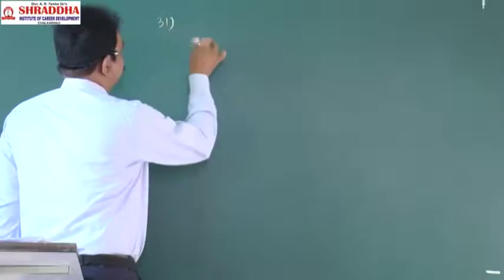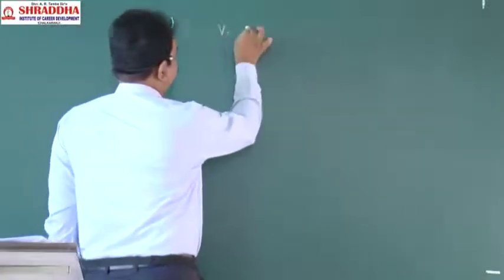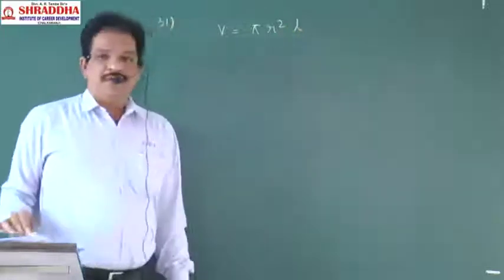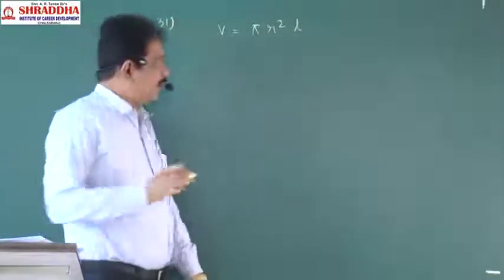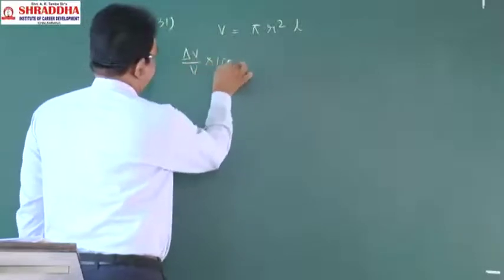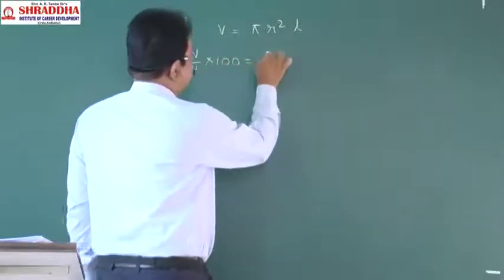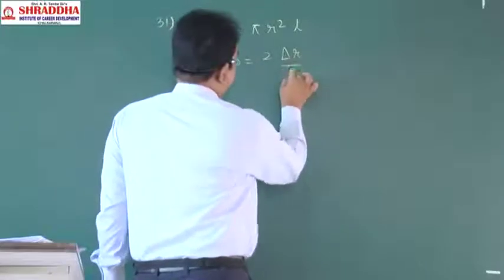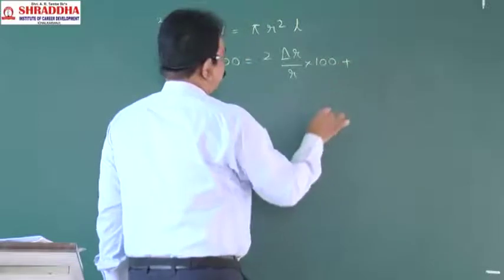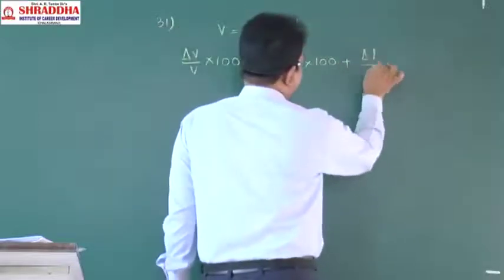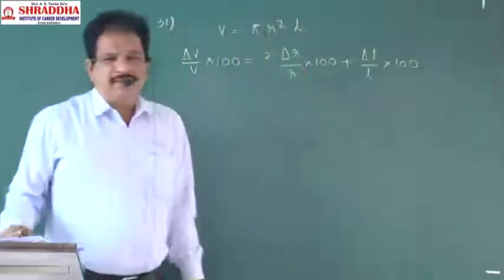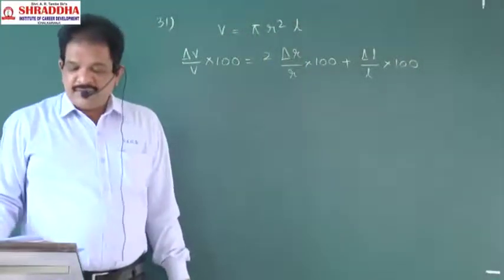So volume of the cylinder formula: V is equal to pi r square L. From this we can write delta V by V into 100 is equal to 2 into delta R by R into 100 plus delta L by L into 100.